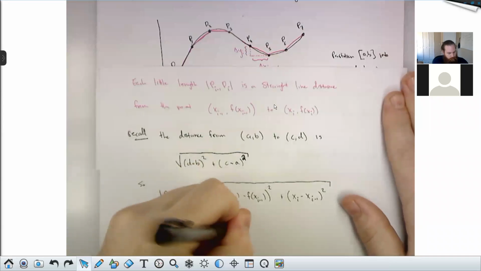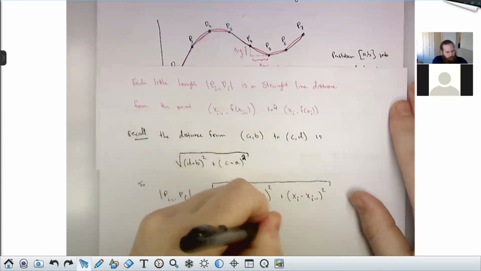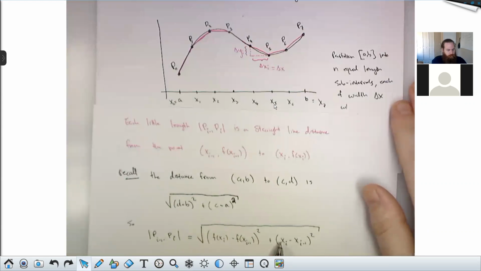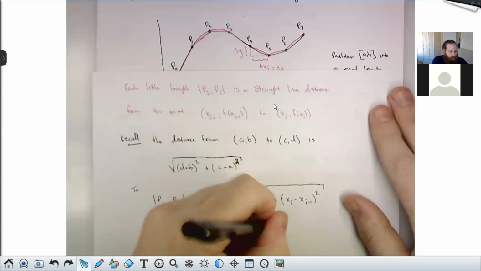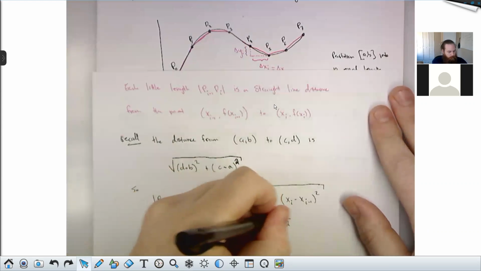That's delta yi squared plus this difference of x values, which is just delta x, and it's the same no matter what i is. So that's delta x squared.